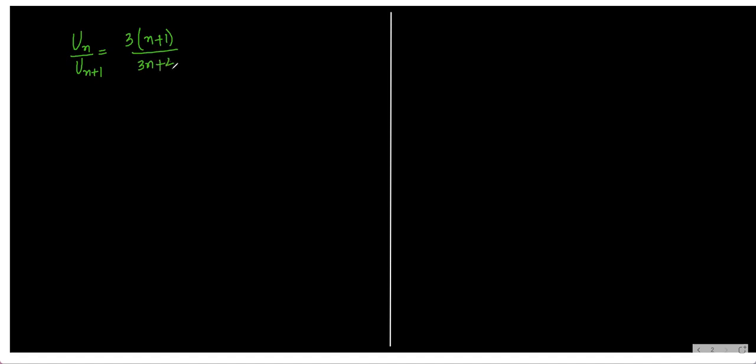Here the 1/x is taken as 3. So how much does it become? 3n plus 3 by 3n plus 4.